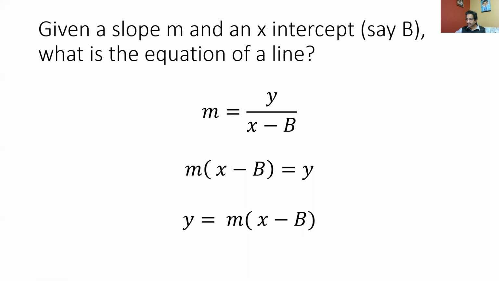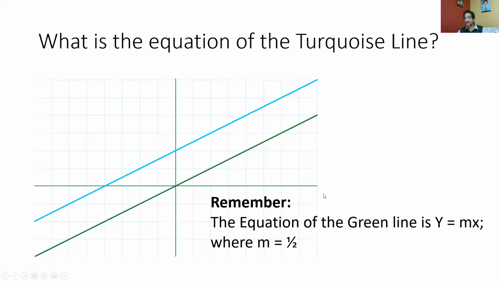So here we are using a different concept. In this case, b is the x-intercept, not the y-intercept. But usually, as a convention, mathematicians use the y-intercept: in y is equal to mx plus c, the coefficient of x is the slope, and c always represents the y-intercept.